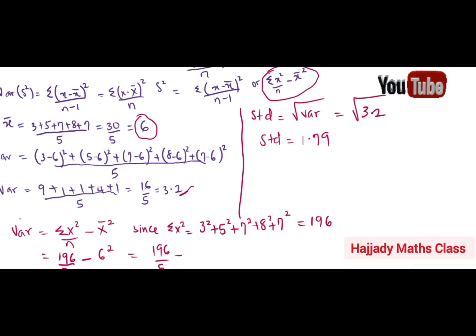Solving this further, I'm going to get 3.2. So calculating the standard deviation is still going to be the square root of 3.2, which is going to be 1.79.